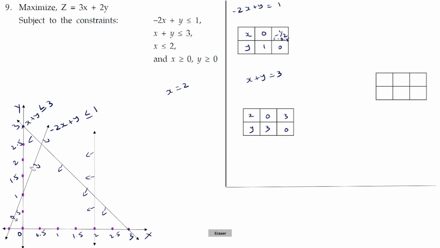Let me remove these arrows so that the feasible region will be clear. So this is the feasible region.